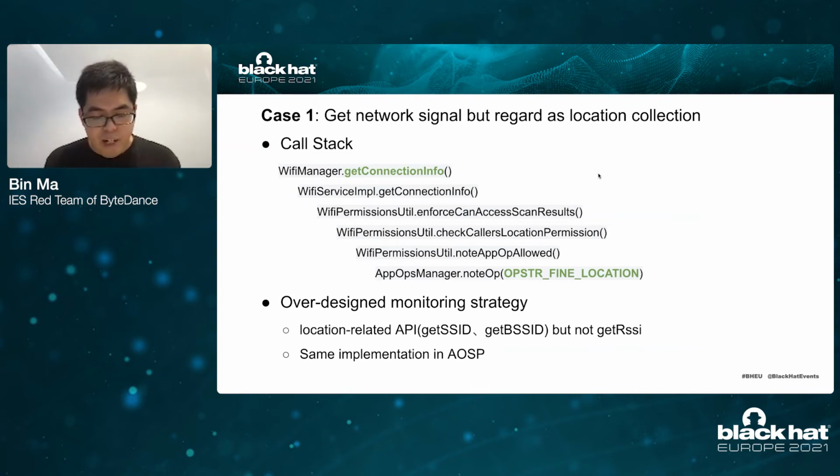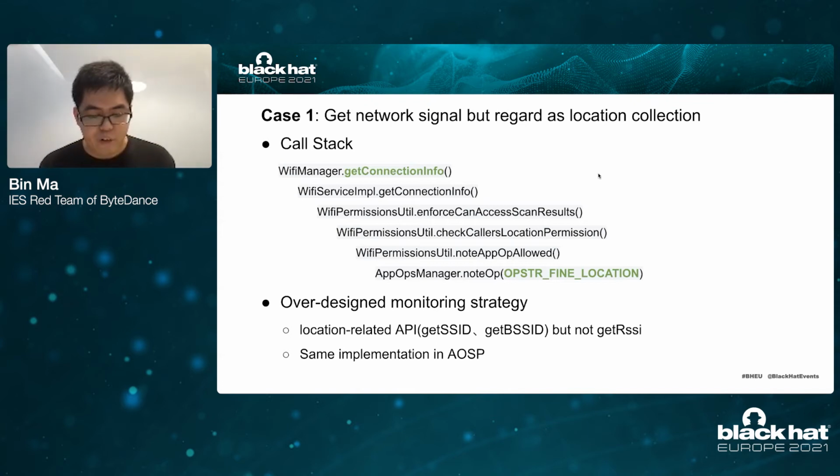We took a further analysis on this case, and we extracted the whole call stack of getConnectionInfo. We found that AppOps takes getConnectionInfo as a fine location operation. So it is the same implementation as in AOSP.